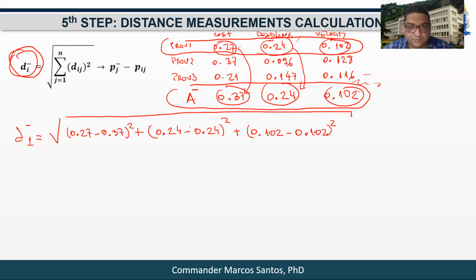So here I'm going to take 0, and I'm going to take 0, and now I have 0.10.